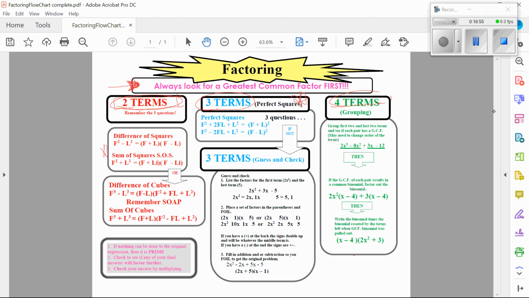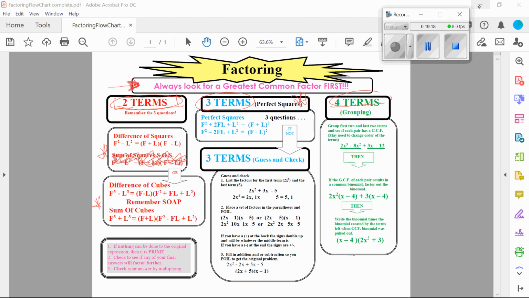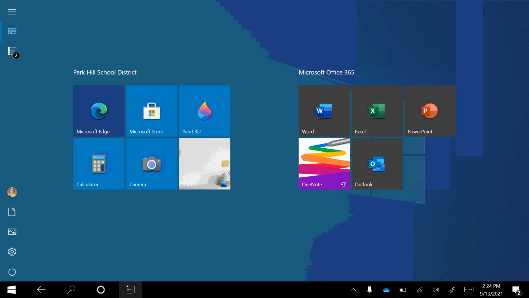They either have to be difference of squares, or difference or sum of cubes. Now, sum of squares does not work. I'm not sure why that's on this flowchart. I've never even noticed that before. If nothing can be done, then it is prime, right? So these are the 2 we're going to look at, sum and difference of cubes as well as difference of squares.